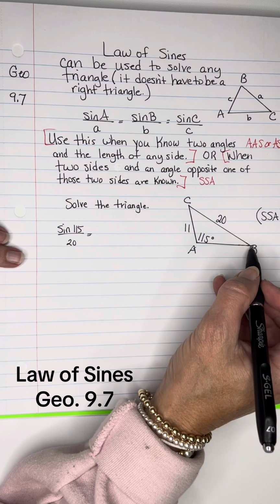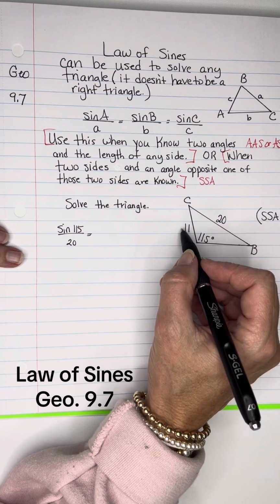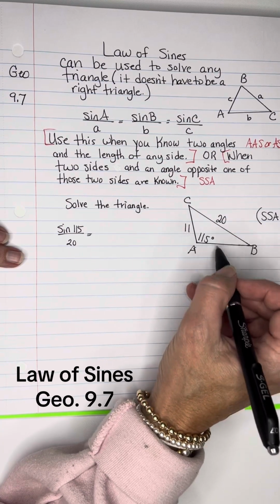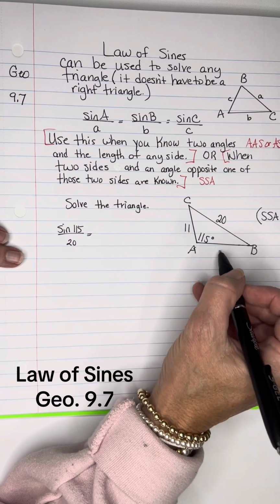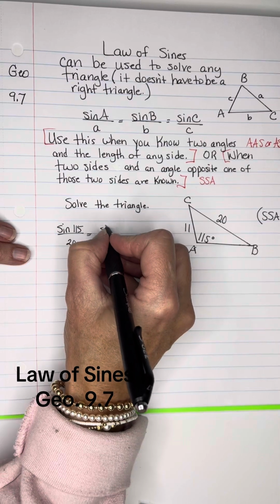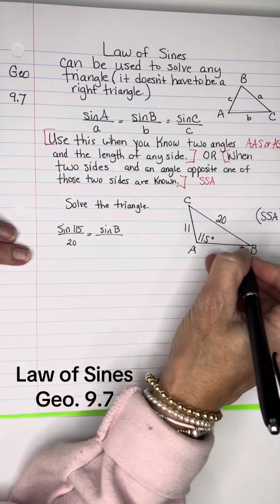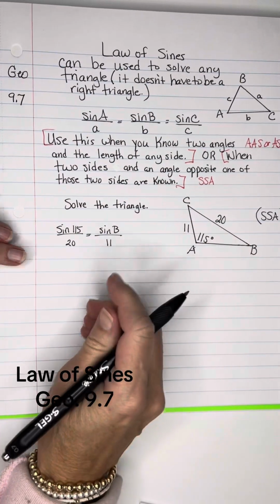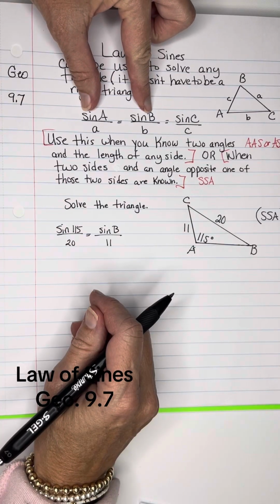The reason I want B is because I have an 11 across from it. I couldn't get C yet because I don't know C or the segment opposite of it. So I can say sine of B, which goes with this 11. So that's kind of like this part of the proportion.